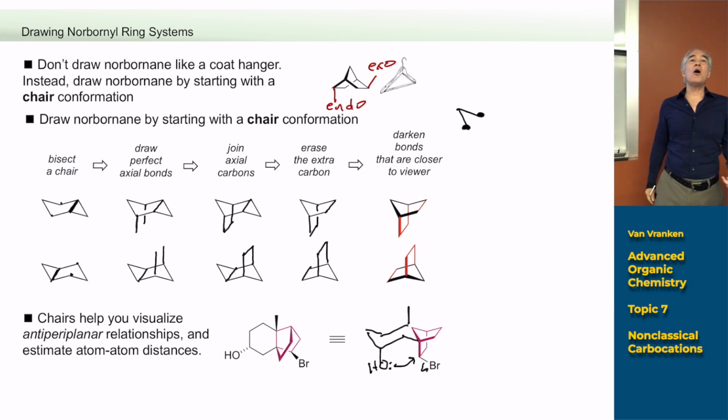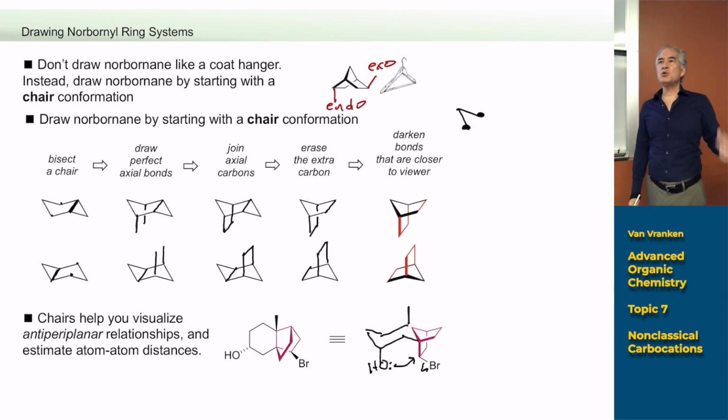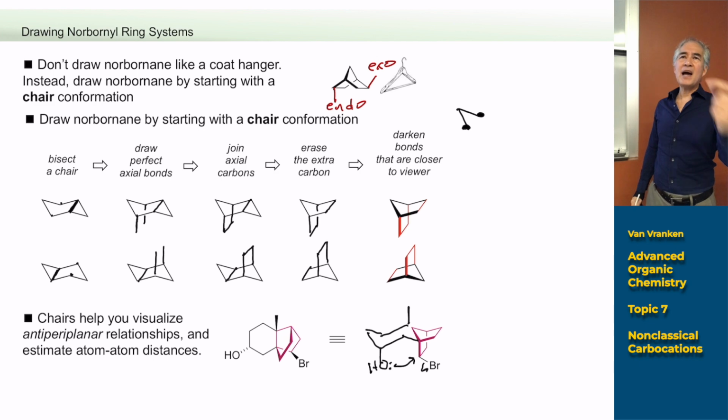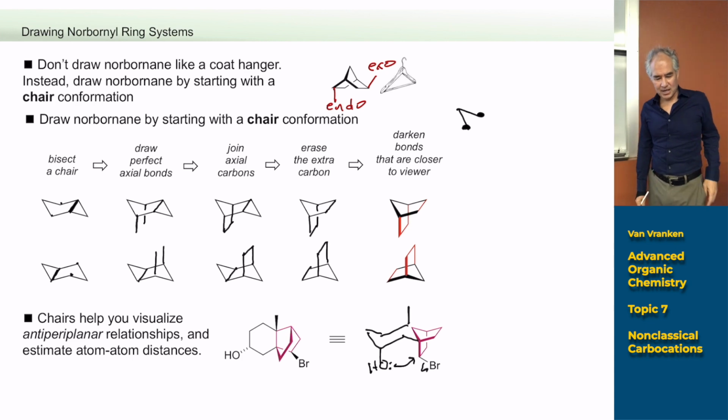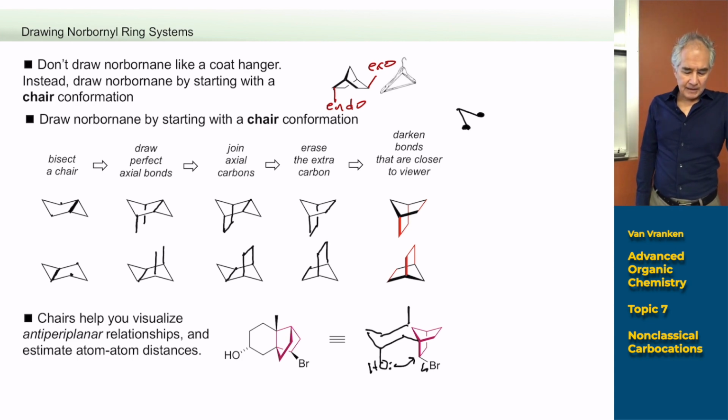And if you couldn't draw these ring systems based on chairs, you would never know that that oxygen is getting right in the face of that carbon-bromine bond. It's right there. It can't get away. You'll have no problem cyclizing that and making a tetracyclic ring system. So this is why it's important to draw Norbornyl ring systems based on chair conformations.